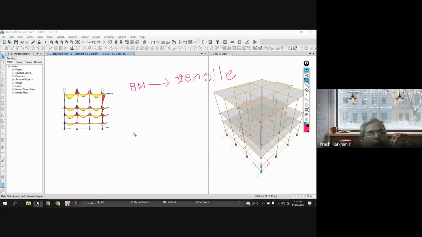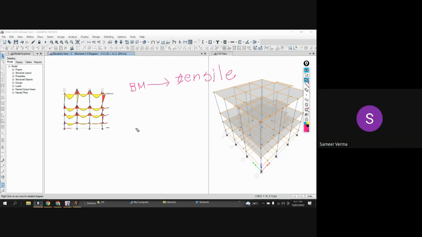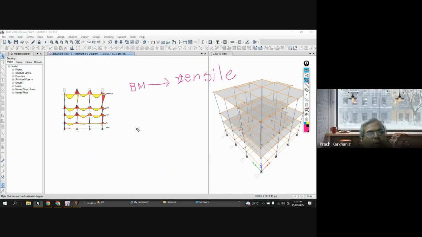Why? In a reinforced structure, if you want to provide reinforcement, where will you provide it? On the tension side. Tension side, tension face. Yes, sir. Now, if I draw the bending moment on tension, see in your strength of materials, what you used to say is that this is your positive bending moment diagram.